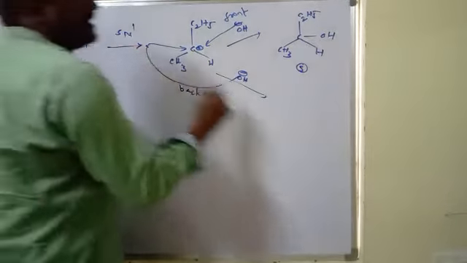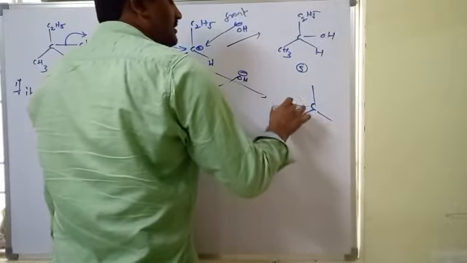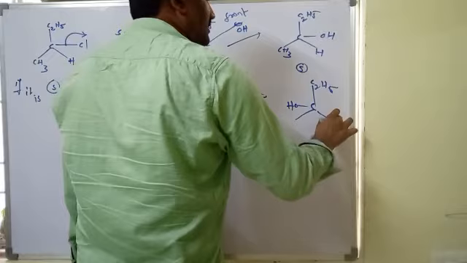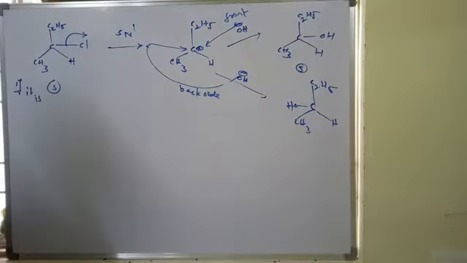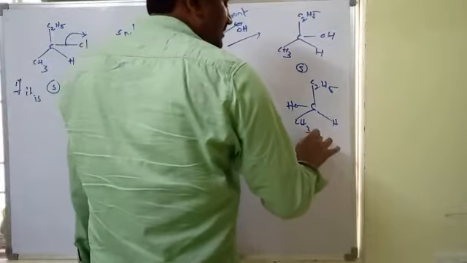If it is attacked from the back side, the product formation is the inversion product. Here OH, C2H5, H and CH3. This is R configuration.